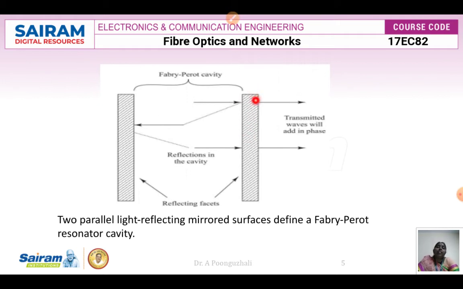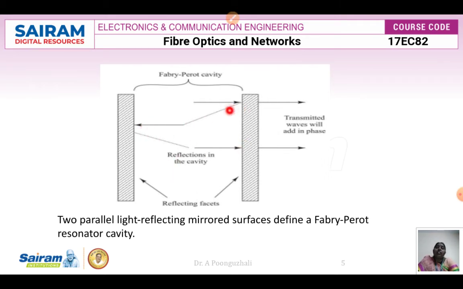A portion of the light travels along through the mirror and the remaining is reflected back. The reflected wave is reflected again, and multiple internal reflections take place inside the cavity.